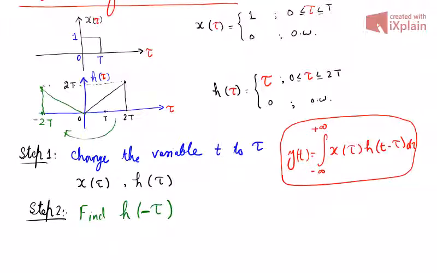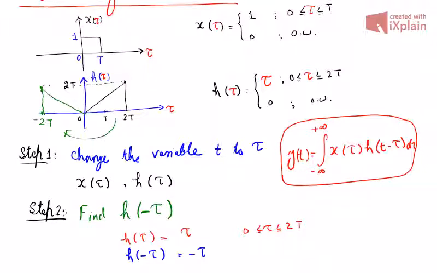As we see h of minus tau, the same you can replace. The equation for h of tau was tau, for tau between 0 to 2T. Now it's h of minus tau, so tau is replaced by minus tau. So it is minus tau, and your range is also in minus tau.